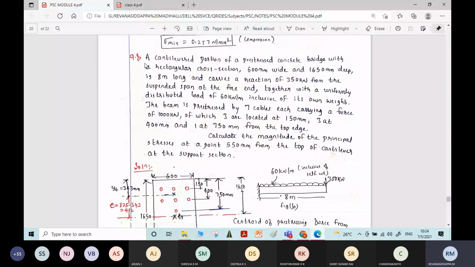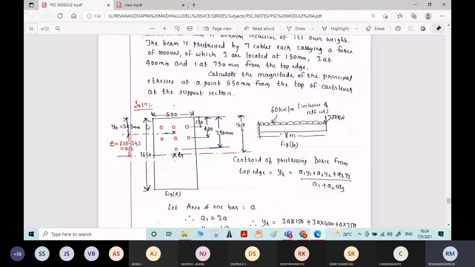A cantilever portion of a pre-stressed concrete bridge with a rectangular cross section 600 mm wide and 1650 mm deep is 8 meter long.